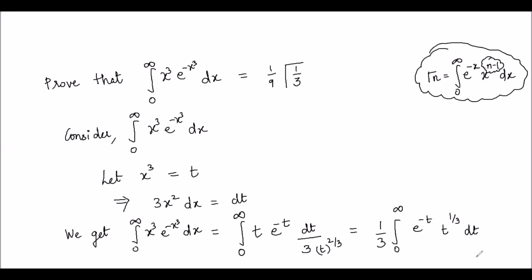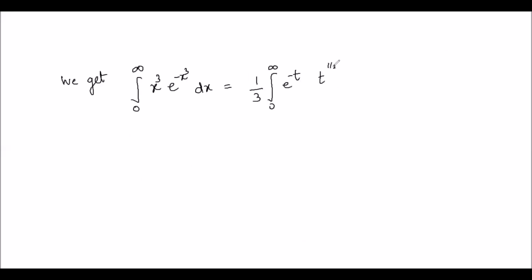So we get, on the left hand side, this integral, x cube e raised to power minus x cube dx. And what we have here is 1 upon 3, 0 to infinity, e raised to power minus t, and t raised to power 1 by 3. It is in proper form. So we need n minus 1.